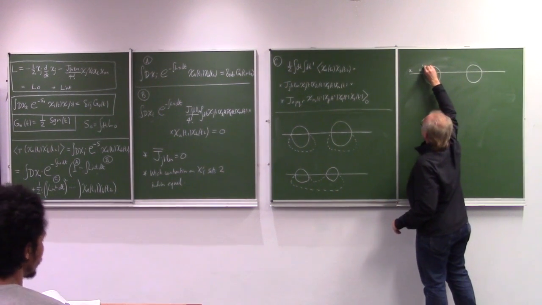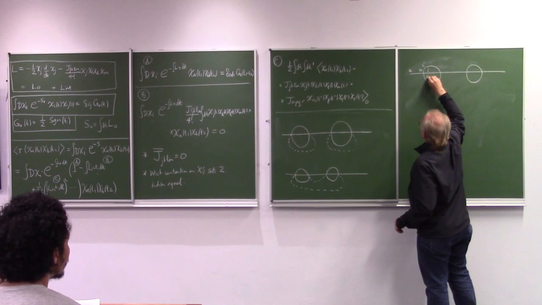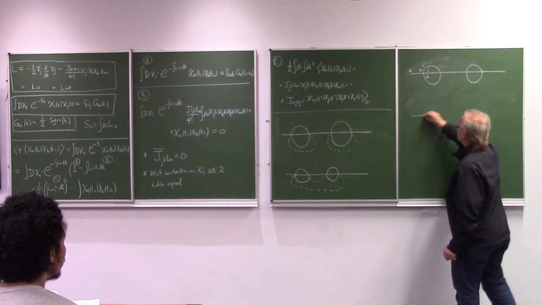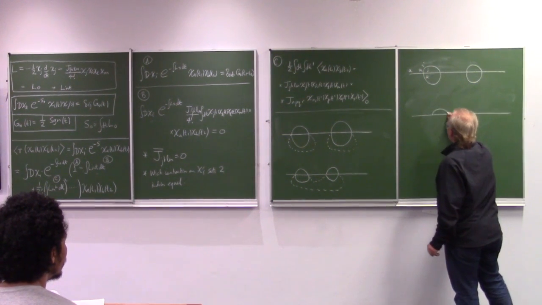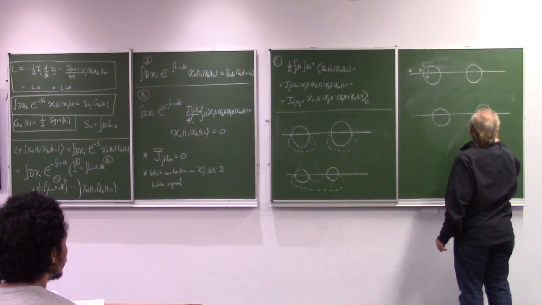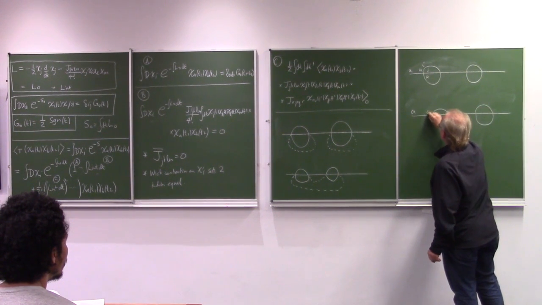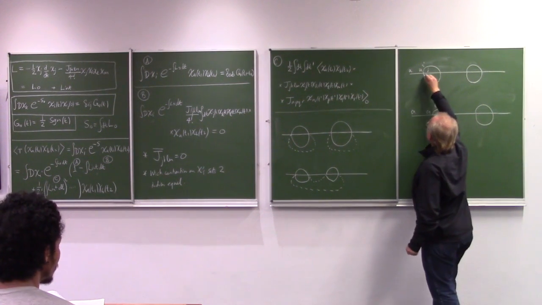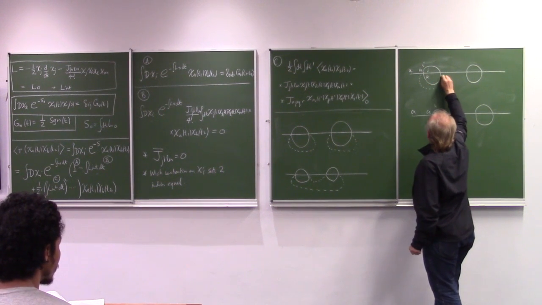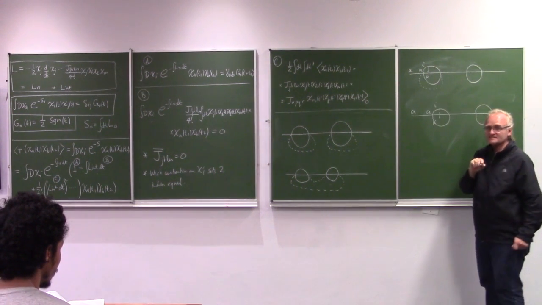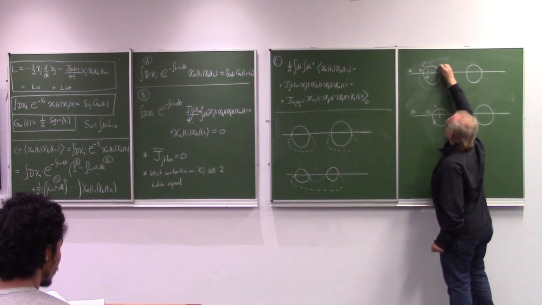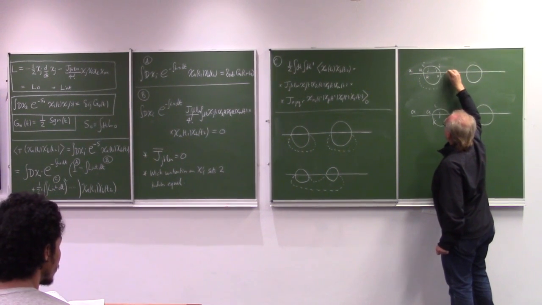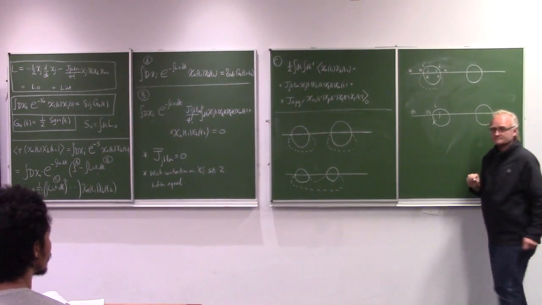If this is I, J, K, then in this case, the disorder average is between those two vertices. So these three legs get set I, J, K, and that's an A.